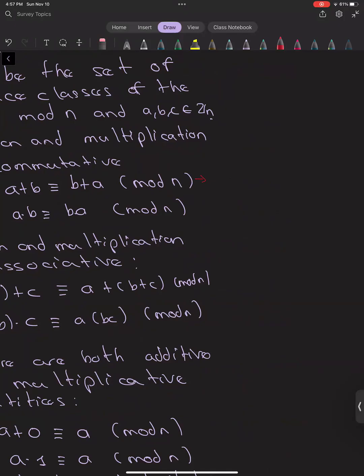Remember that we said before that a is congruent to b mod n if and only if there exists k such that n times k equals a minus b, or what we said before, n divides a minus b, remember?